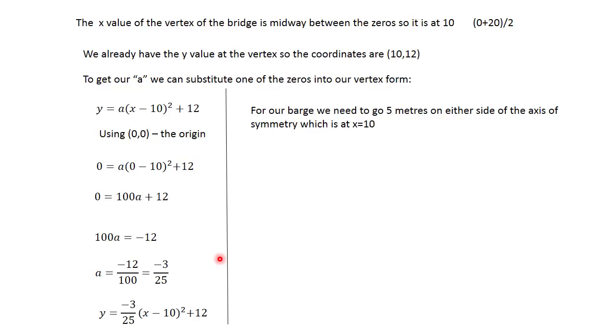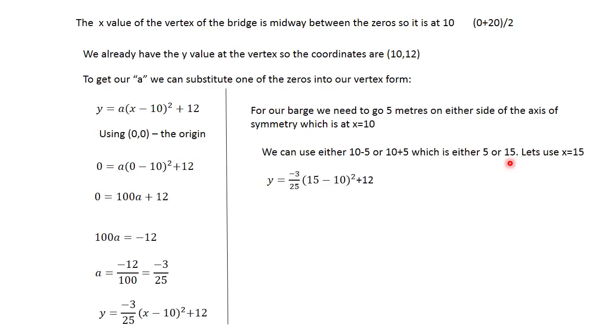So I want us to take that and add 5 to it on one side and subtract 5 on the other to give us that distance of 10 meters that we need for this barge. So we're going to take 10 minus 5 and 10 plus 5 to give us 5 and 15. So when x is 5 and when x is 15 is the beginning and the end of that 10 meter distance that we need to make this barge go through.